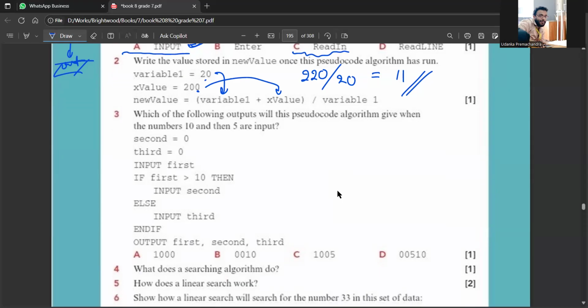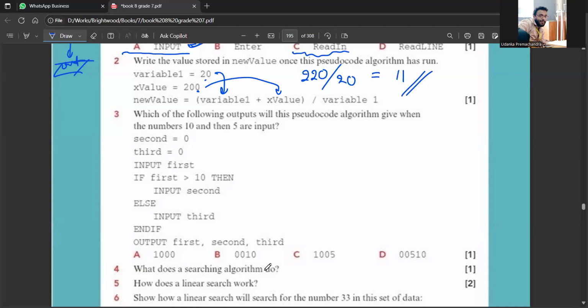And the next one: which of the following outputs will this pseudocode algorithm give when the numbers 10 and 5 are input? The input values are 10 and 5.